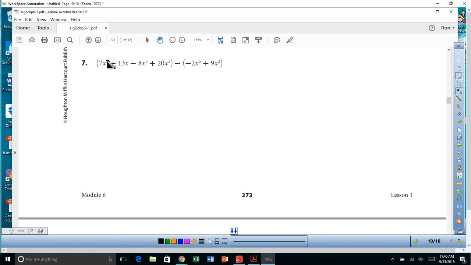So first, let's check. Step 1, decreasing order. Is this in decreasing order? No. So we got negative 8x to the 5th, and then plus 7x to the 3rd, and then plus 20x squared, plus 13x.